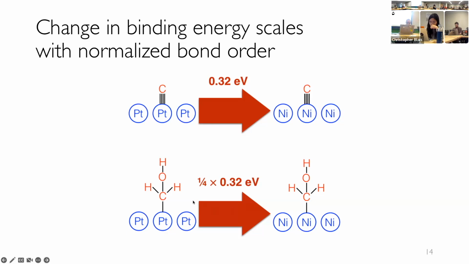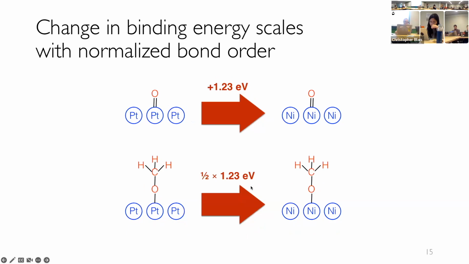For this CH2OH, it's kind of like methanol, we have a bond order of 1. So in order to scale it from platinum to nickel, we take the 0.32 electron volts that we have in the initial one for the carbon atomic binding energy, and we multiply it by that 0.32 electron volts.